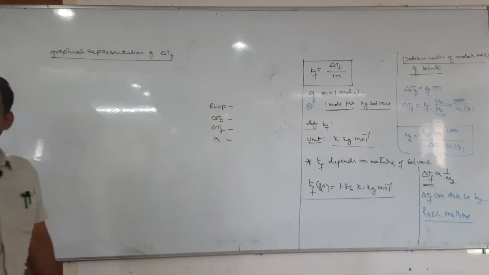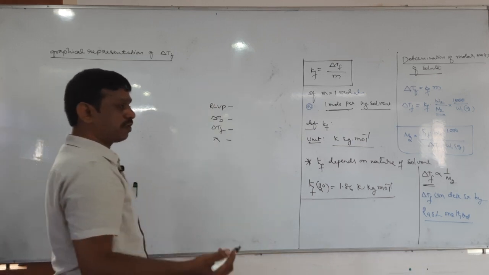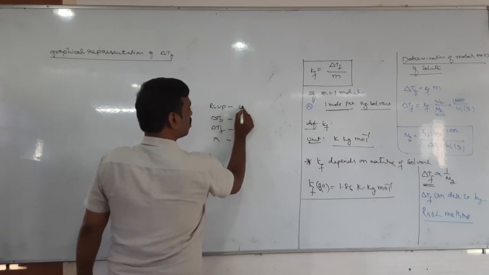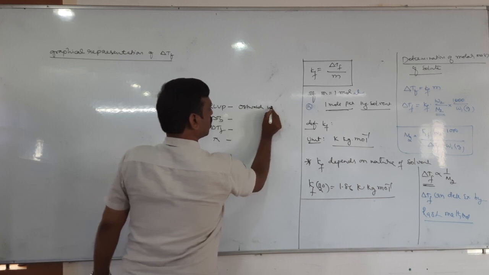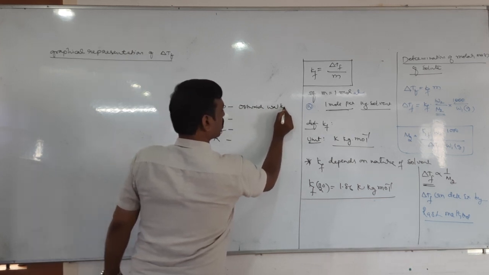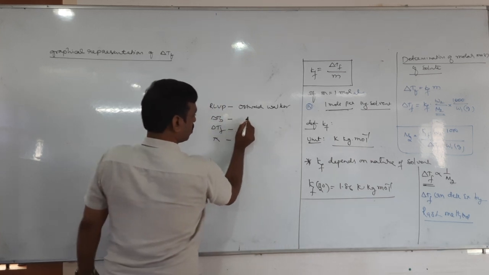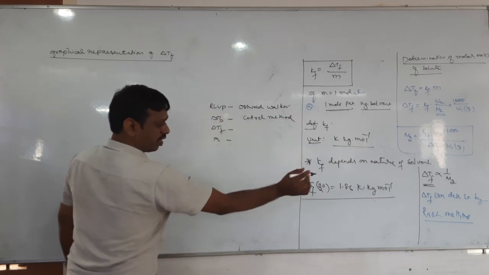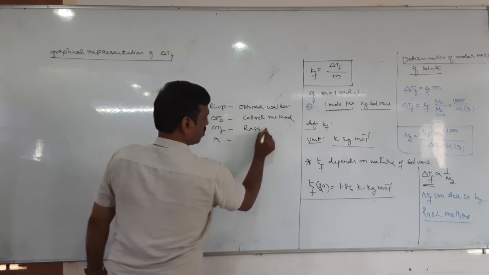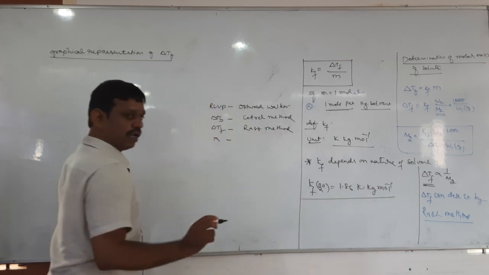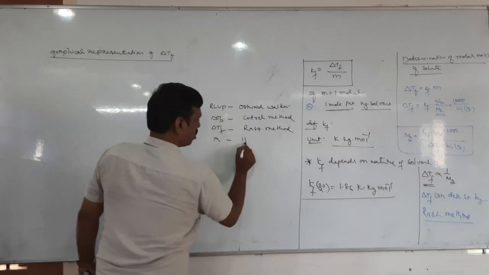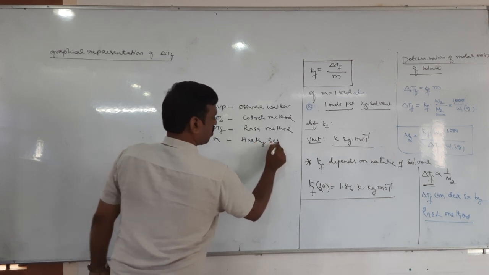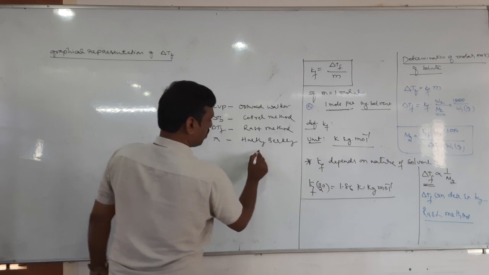All these can be calculated experimentally. RLVP can be experimentally calculated by the Ostwald-Walker method, delta Tb by the Cottrell method, delta Tf by the Rast method, and osmotic pressure by the Hartley and Berkeley method.